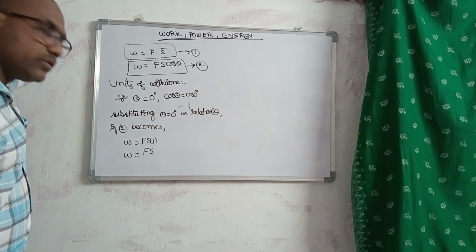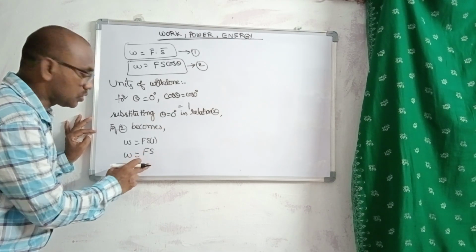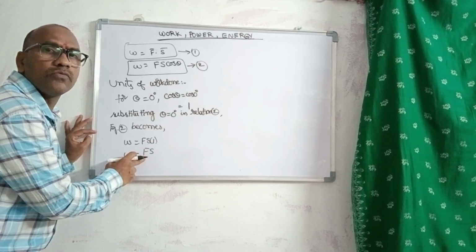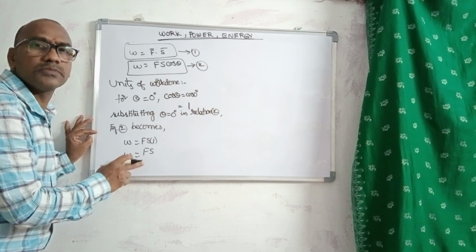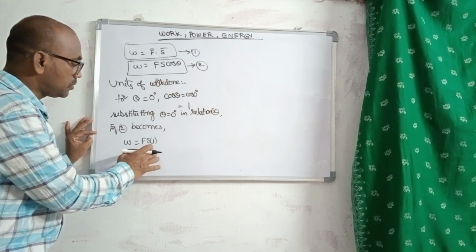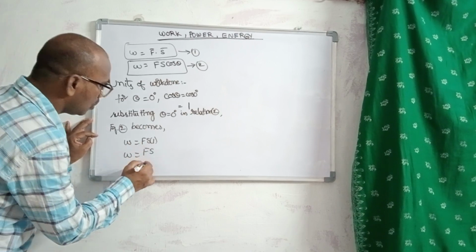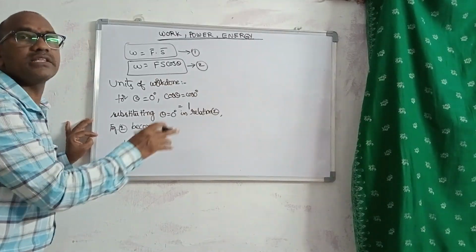So in this case we can write F is positive, S is also positive. F means force, force is a vector quantity. S is displacement, displacement is also a vector quantity. Here force is positive, displacement is also positive. So both are positive, so work done is positive.